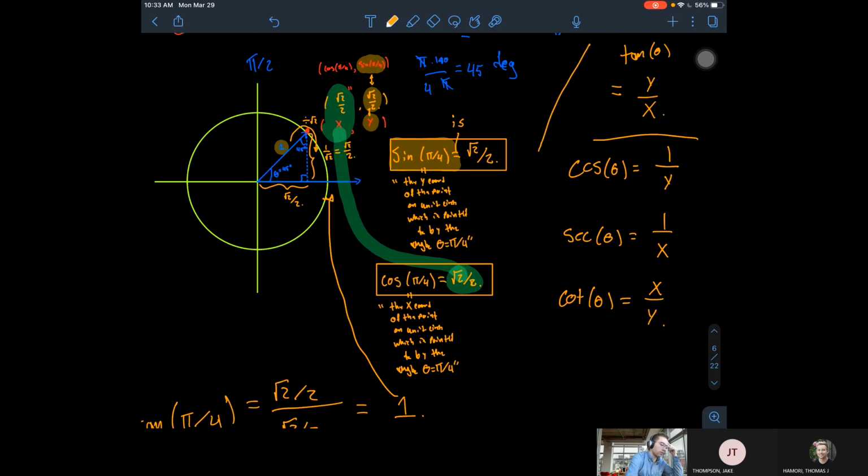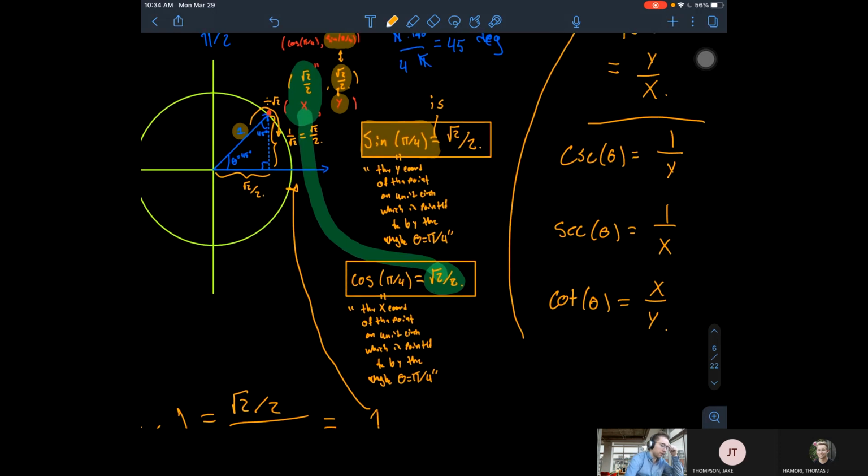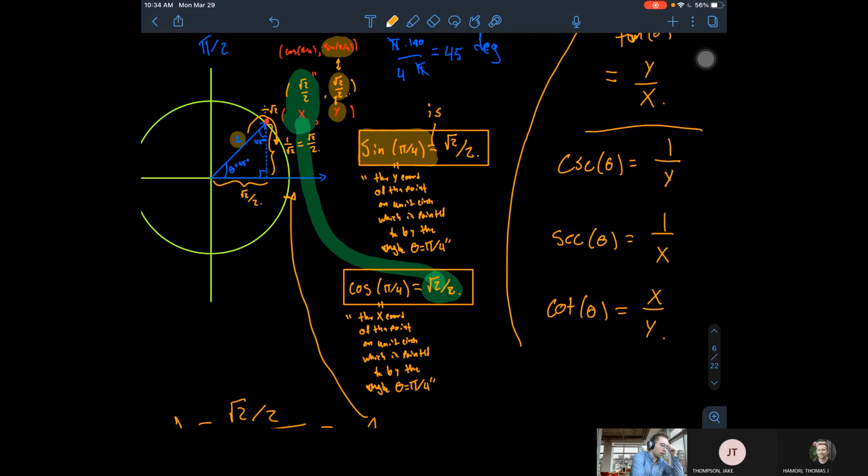So this is the definition we have for the other ones, okay? Okay. And I put CCS here. I meant to put CSC. Sorry. All right, so that's how we find all these other ones. The way you would find these is just by taking these x and y coordinates and plugging them in.